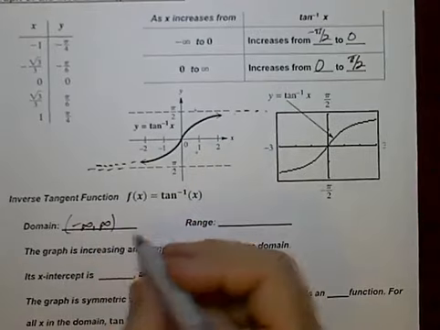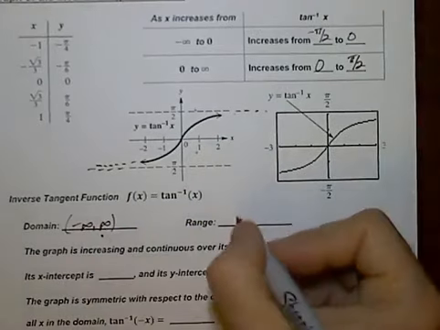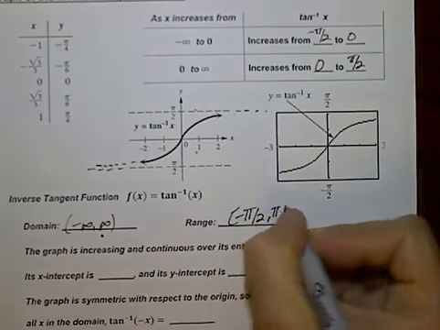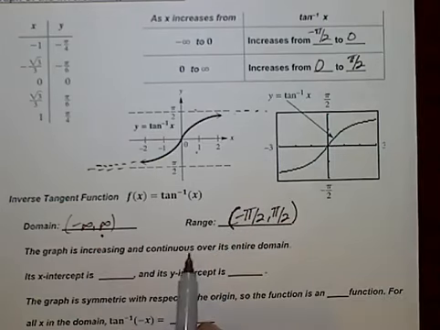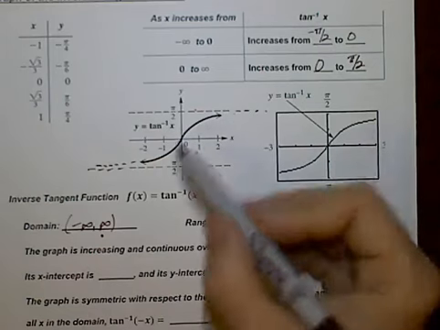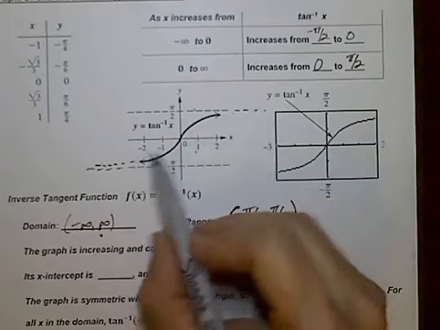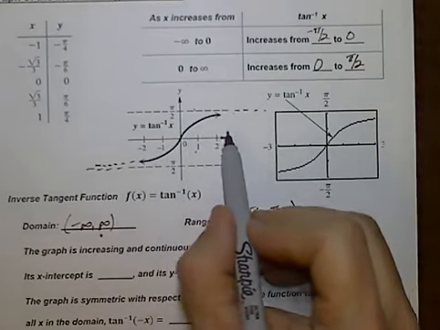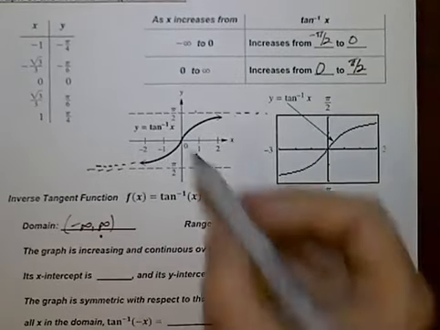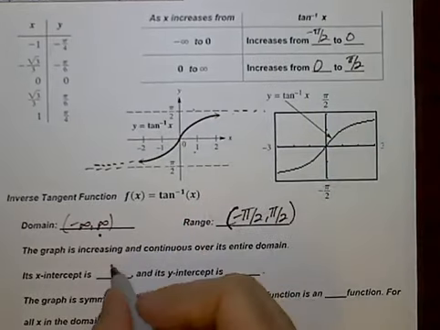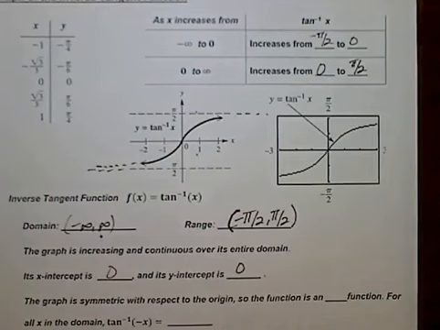The facts about inverse tangent: our domain is negative infinity to infinity. Our range is negative pi over 2 to pi over 2. The graph is increasing and continuous over the whole domain. So as we go from negative infinity to infinity, there are no gaps or jumps or vertical asymptotes in any of this. The x-intercept and the y-intercept are both at 0 because this goes through the origin.